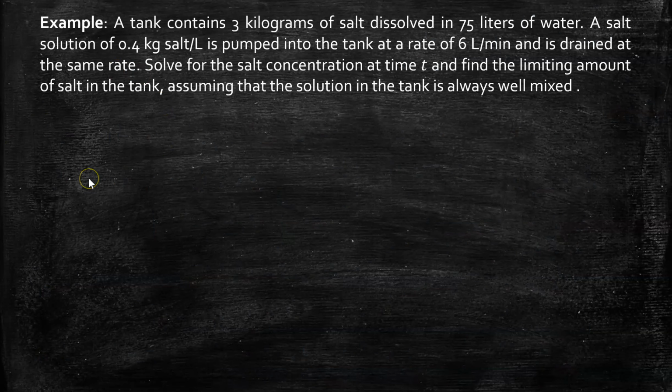So this type of problems are called mixing problems, and let's take a look at what's going on here. So we have a tank, and in this tank we have, as it says, 75 liters of water, and we have 3 kilograms of salt in the tank.